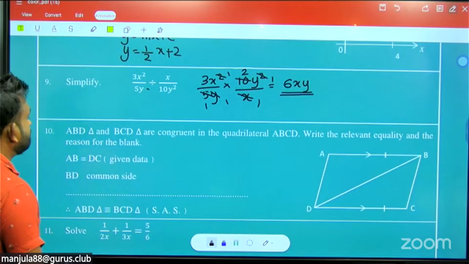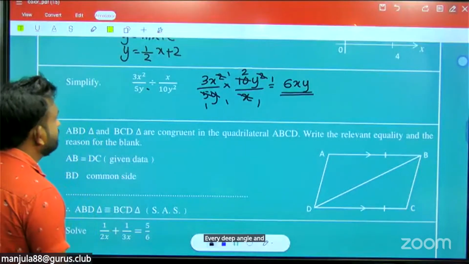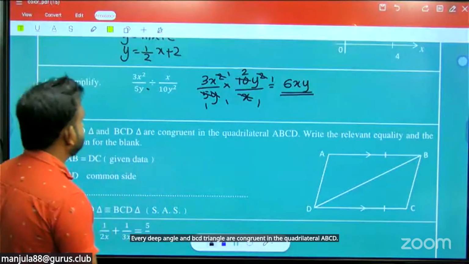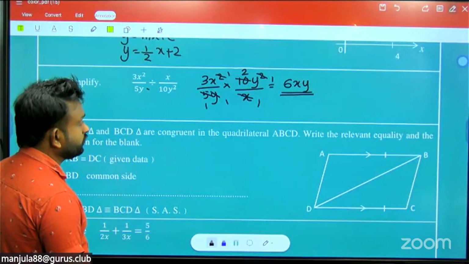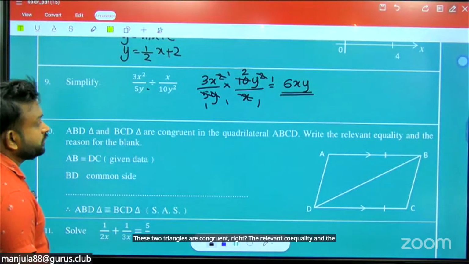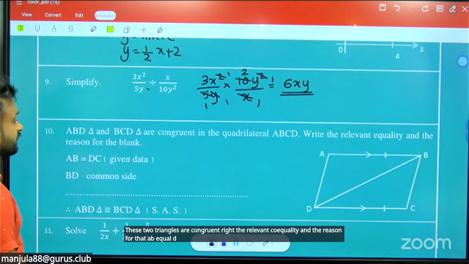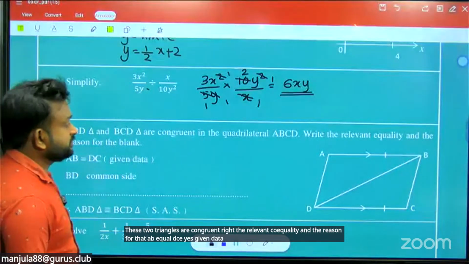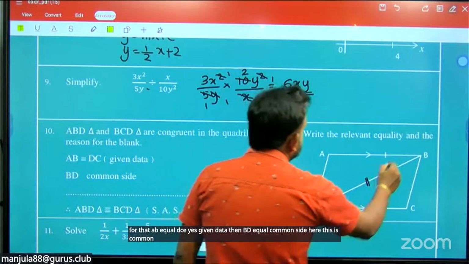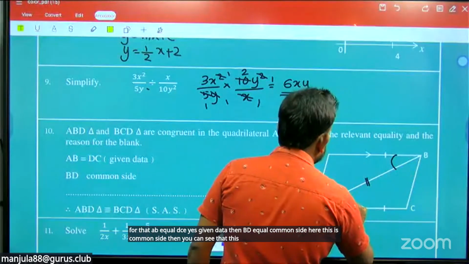Triangle ABD and triangle BCD are congruent in the quadrilateral ABCD. If these two triangles are congruent, write the relevant equalities and the reasons. AB equals DC, yes, given data. Then BD equals BD, the common side. Then you can see that this angle equals this angle.